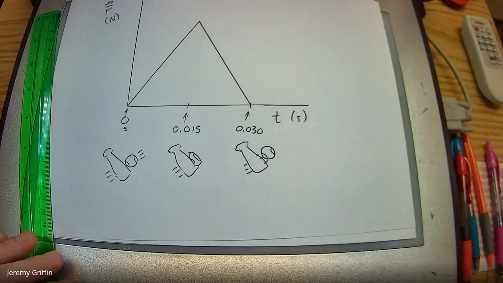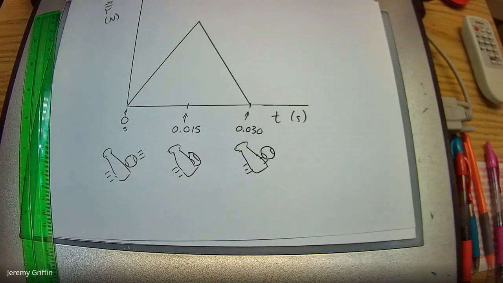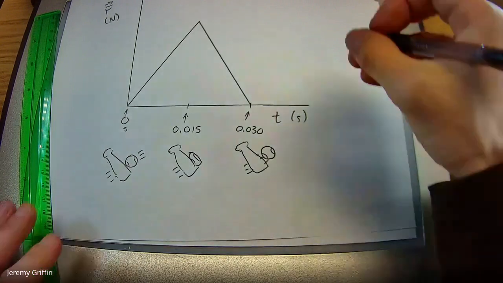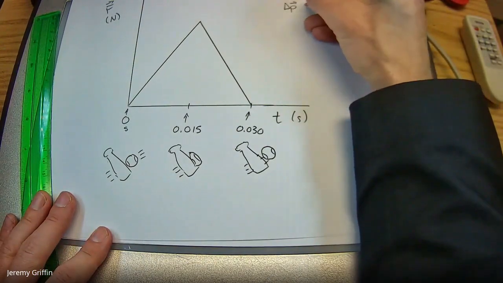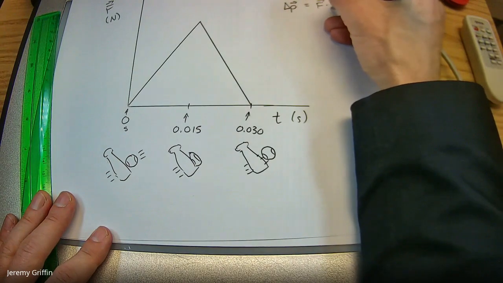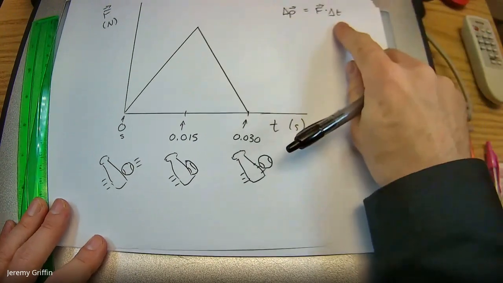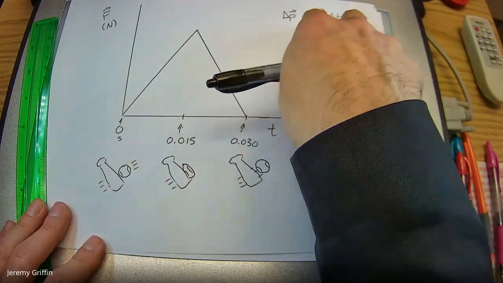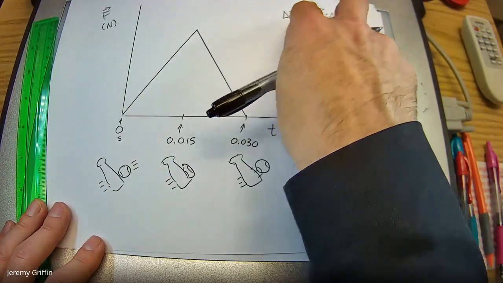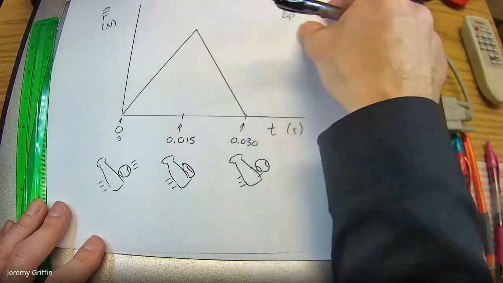Now, how does this pair up with impulse? Remember how I said that impulse was force times time interval? If this were exactly translated to a graph, doesn't that look like some height of this graph times some base?